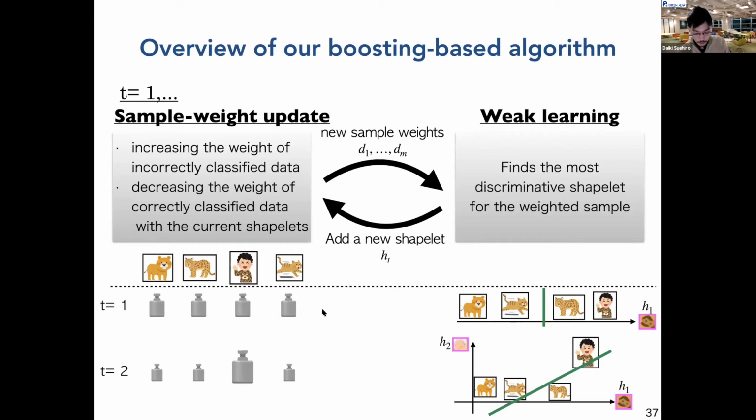And next, in the next iteration, we update the sample weight such that incorrectly classified data, this ambiguous sample, incorrectly classified samples, have larger sample weights, like this, and obtain the most discriminative shapelet for this sample weight.